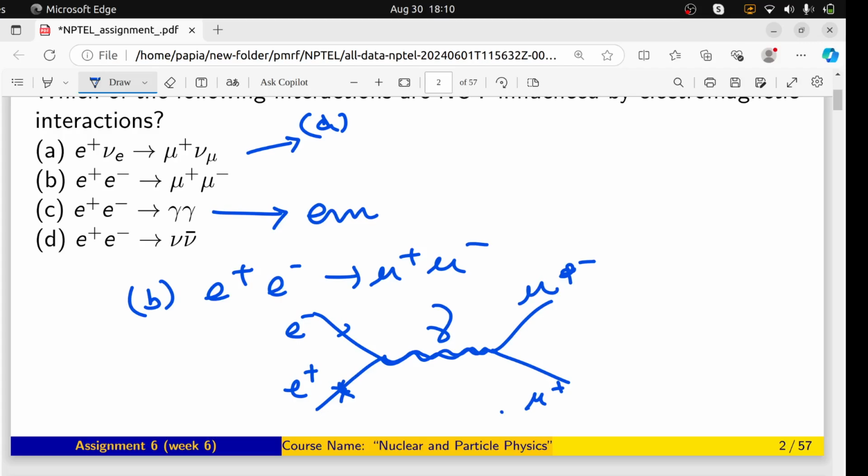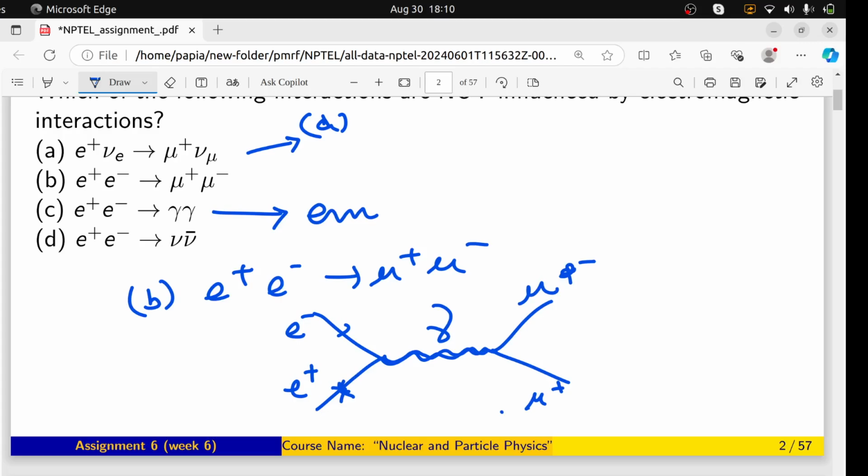Now you can see that in that nuclear reaction, e+ e- going to mu+ mu-, we can't see by direct notation whether gamma is present or not, but when we are talking about the Feynman diagram, we can see that obviously as a mediator gamma is present here. So there is no problem on that.